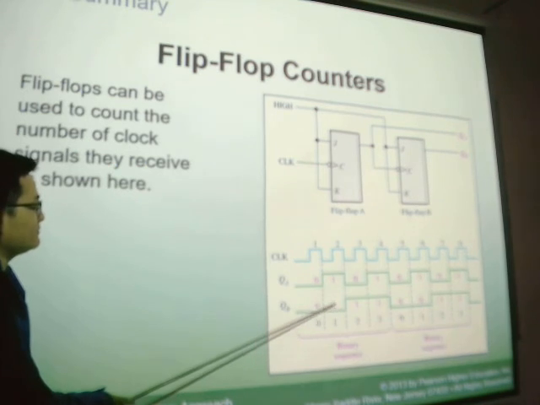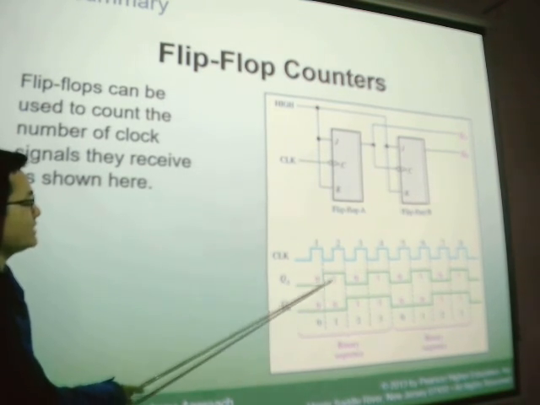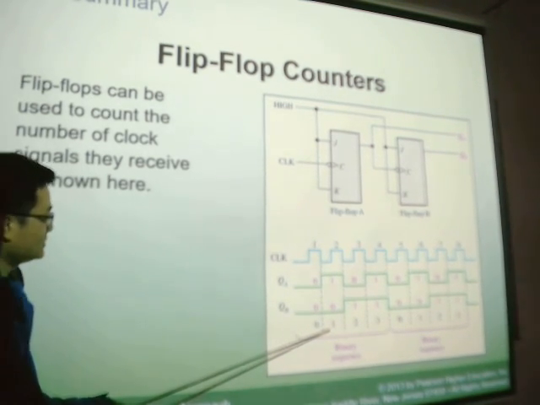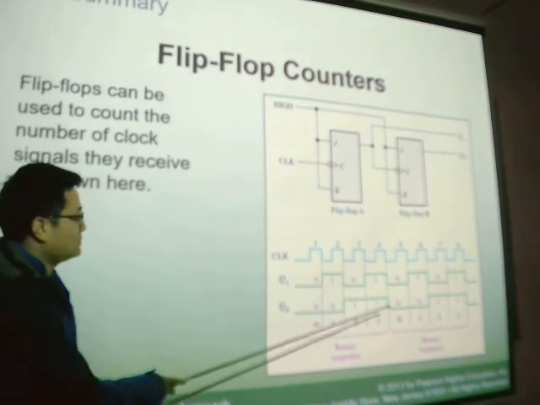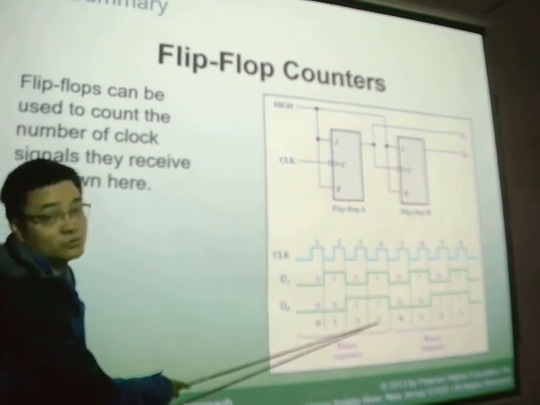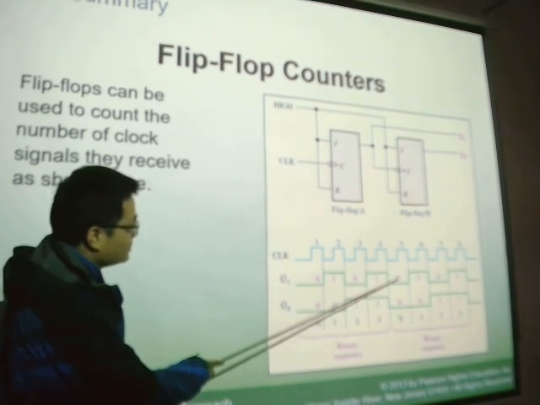For the second combination, 01 is equal to 1, right? 10 is equal to 2. 11 equal to 3. And 00 equals 0.